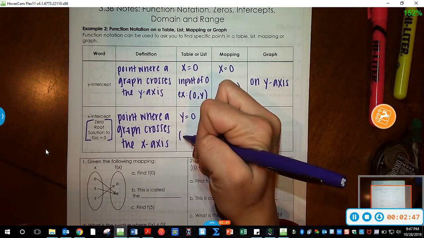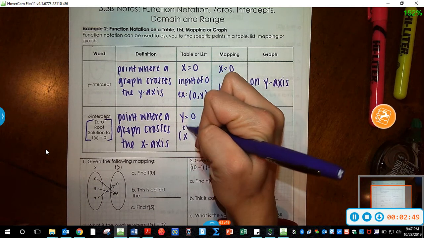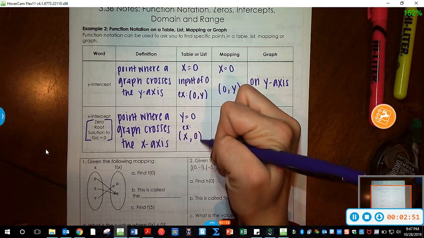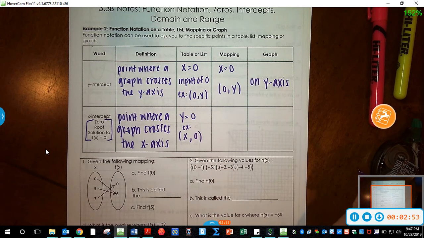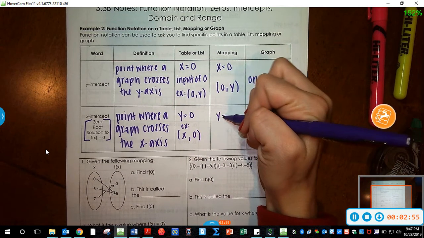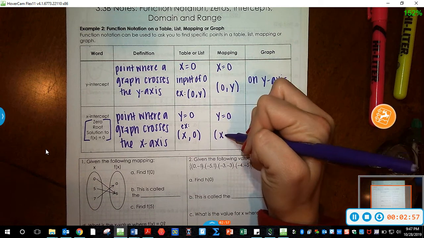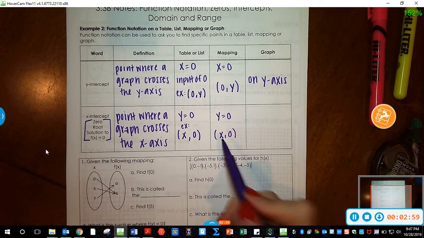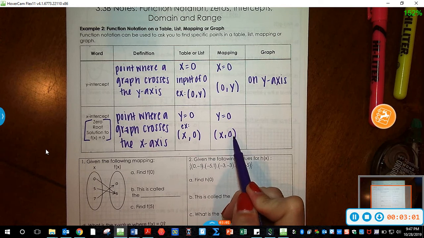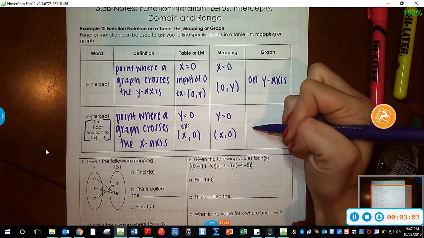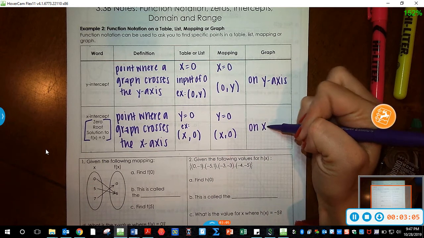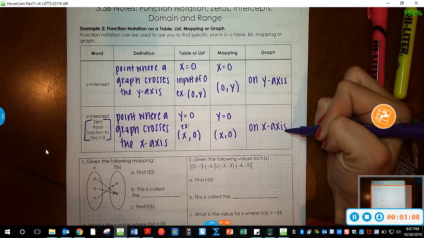This one now, for example, is x and then some 0. So again, where our y equals 0, we have a point with a number and 0. And instead of being on the y-axis, now it's on the x-axis.